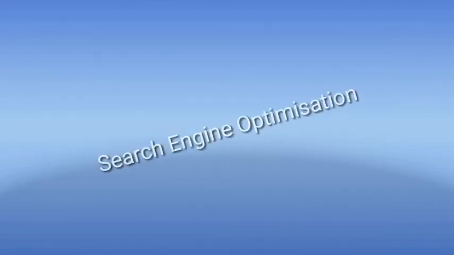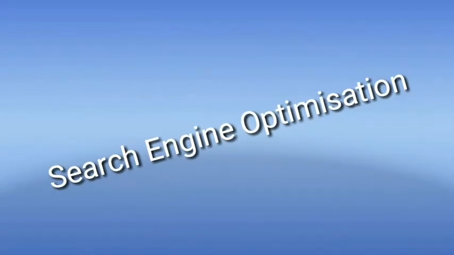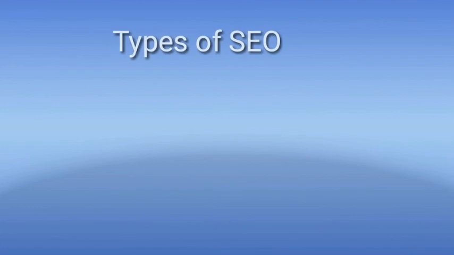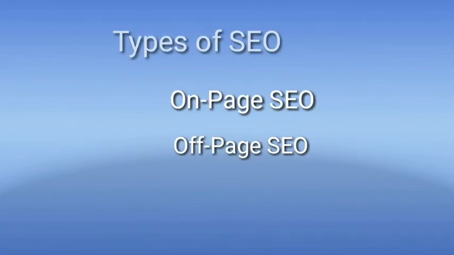Let us revise this chapter. This chapter is related to designing optimized website that should be ranked high in search engine result. In this chapter we studied two types of SEO, that are on-page SEO, off-page SEO.